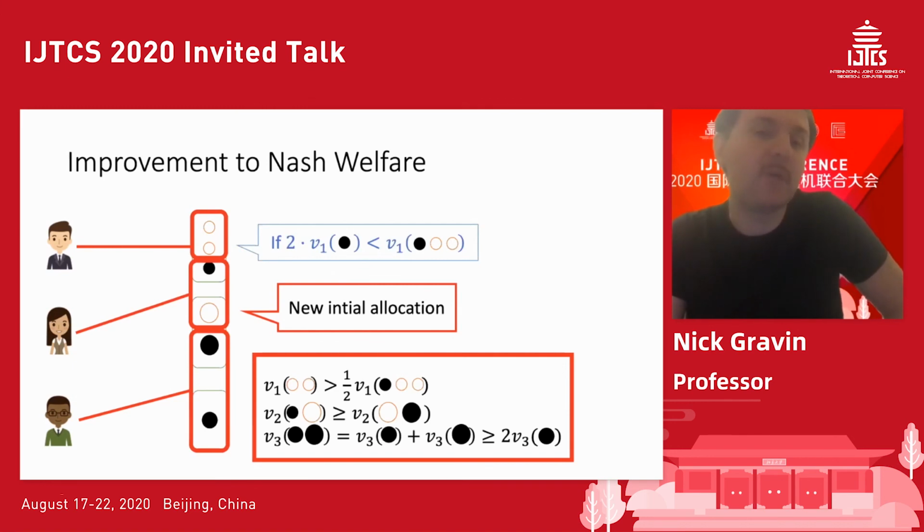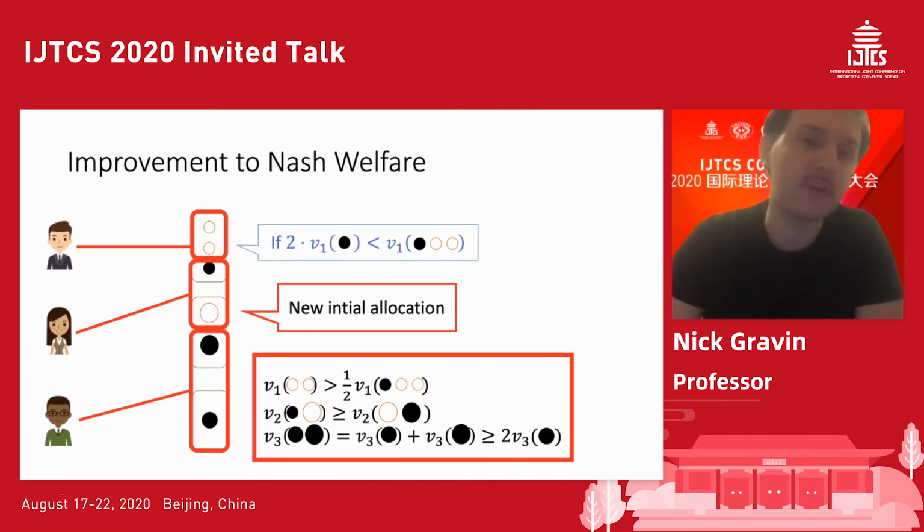And the third guy gets one extra big item, and because he preferred it more than the original bundle in the original allocation, his value is at least twice as big, so he increased his value in the new allocation by a factor of at least 2.